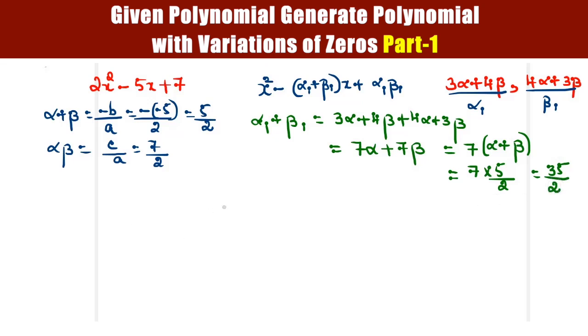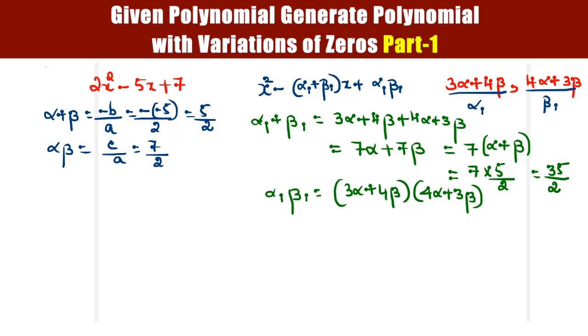Now, let us calculate the alpha 1 into beta 1 value, which is nothing but 3 alpha plus 4 beta into 4 alpha plus 3 beta.